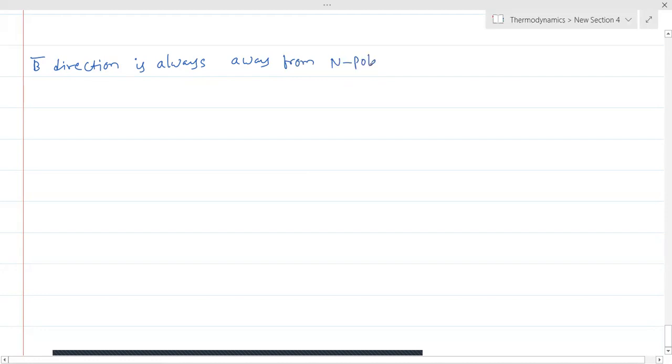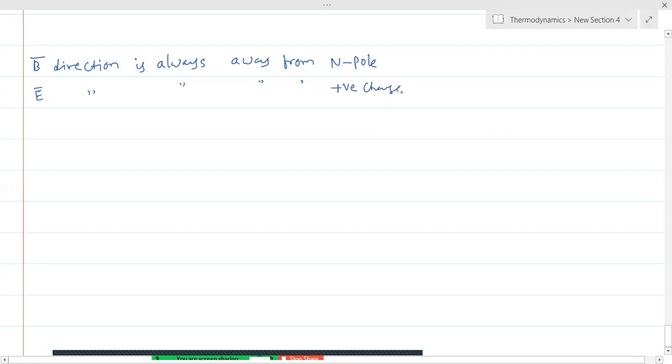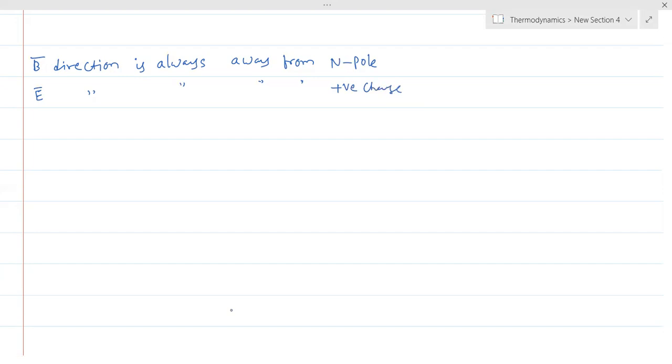For comparison, generally the electric field direction is always away from positive charge. So in one word, for magnetism, replace the positive charge by north pole and replace the negative charge by south pole. Then we will get clarity.